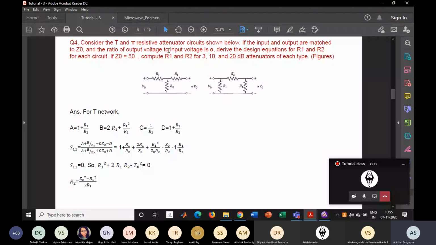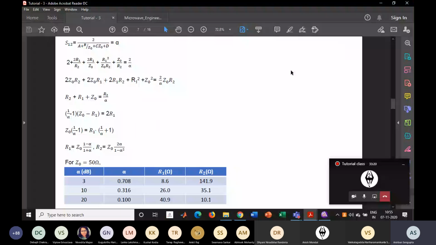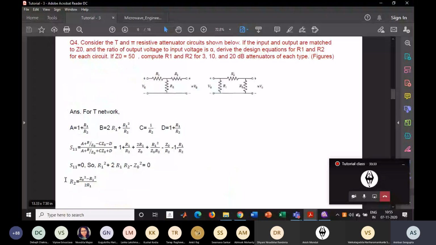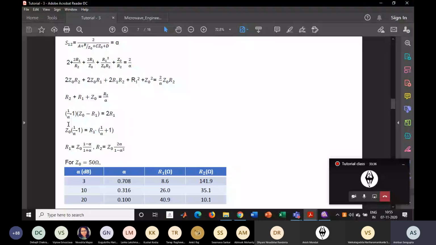Now manipulate the equation using the value you got from the previous one, R2. After manipulating, you will find one equation which consists solely of R1. So by variable separation, you can find out the value of R1.